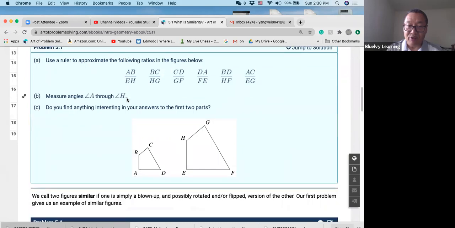We have two quadrilaterals here. One is ABCD, another is EFGH. You can measure the length of each side of these two quadrilaterals, then calculate the ratios.